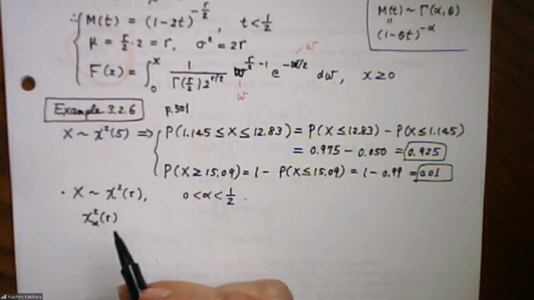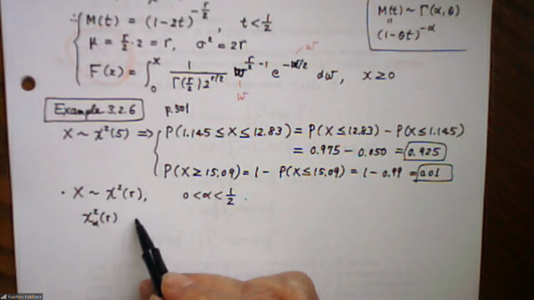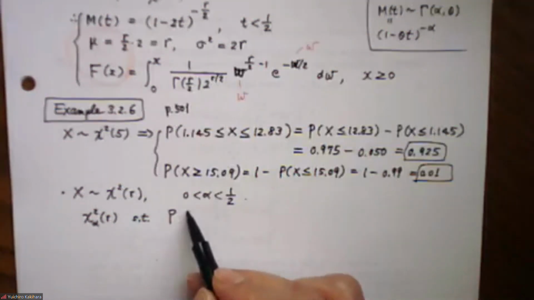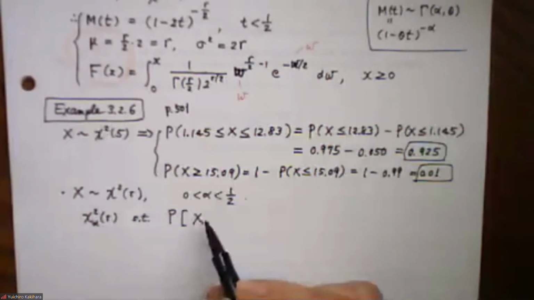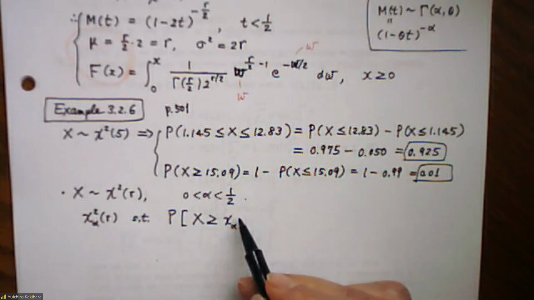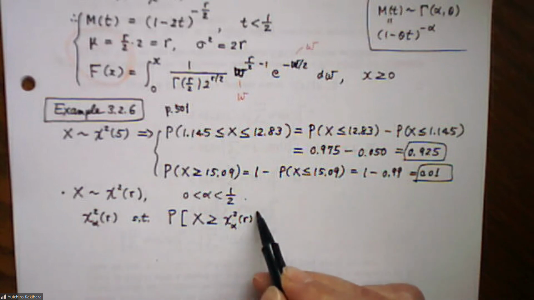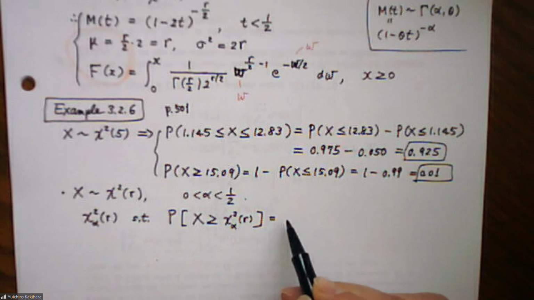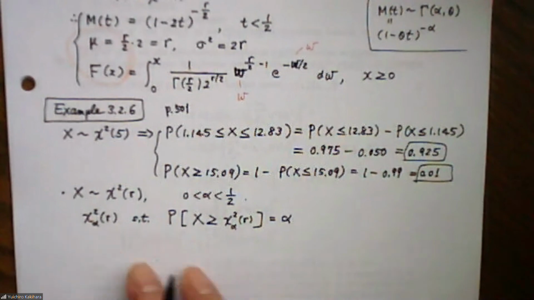This is a number such that the probability that the random variable X takes a value greater than or equal to chi-squared sub alpha of r is alpha. This is the definition of this number.